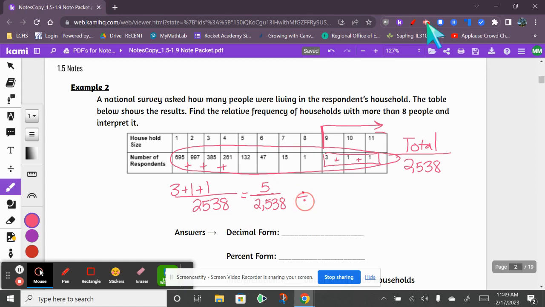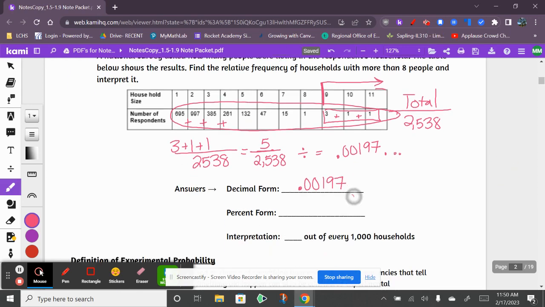If we divide that, we get 0.00197. As a percent, if we multiply it by 100, this would be 0.197%.